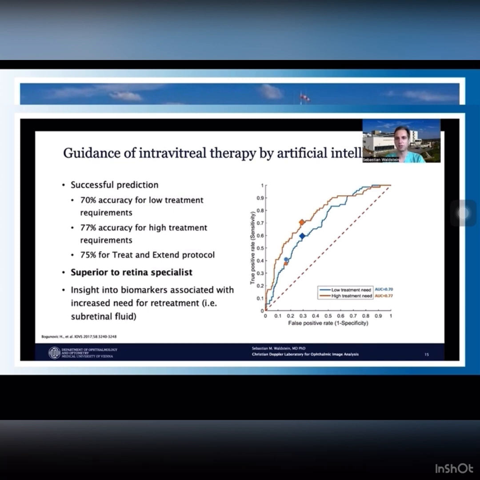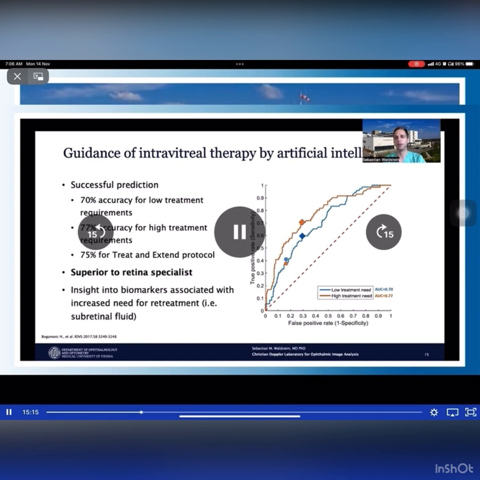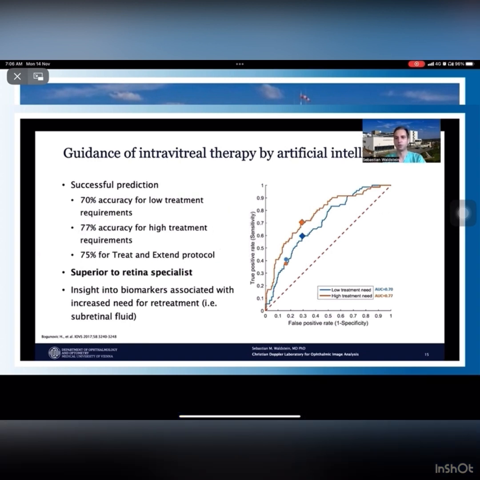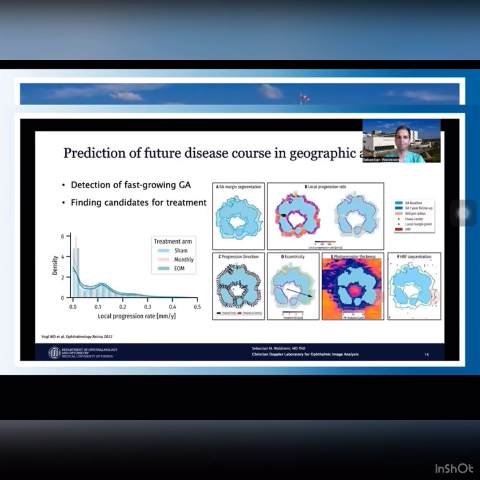But these systems are still better than humans at the moment. And so I think in the future, perhaps we're able to get the accuracy of these systems higher up. And then these systems may also be used in practice to guide therapy and counsel patients.